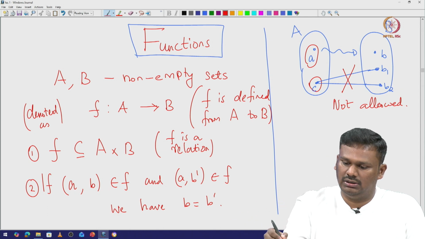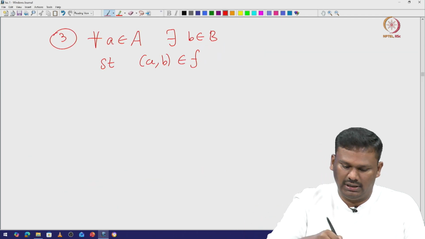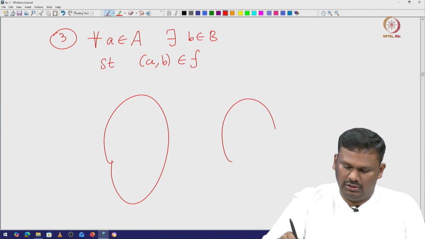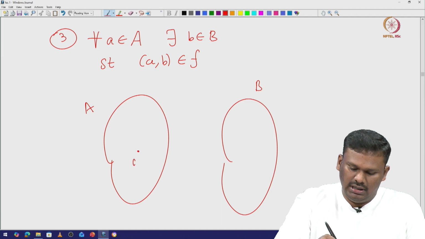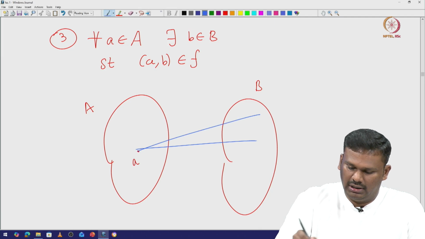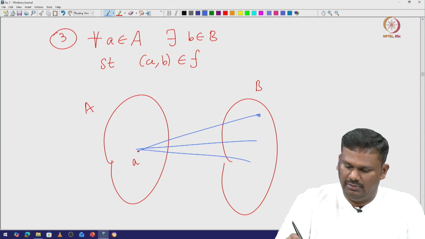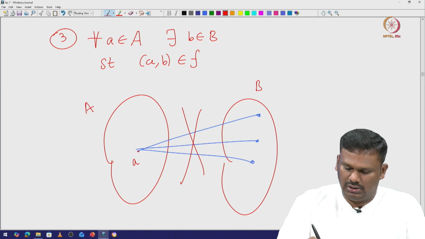So, something like this should not happen. If you are drawing the picture, with domain A and codomain B, and an element a here, there should not be too many arrows going out and mapping to different elements here. This is not allowed.